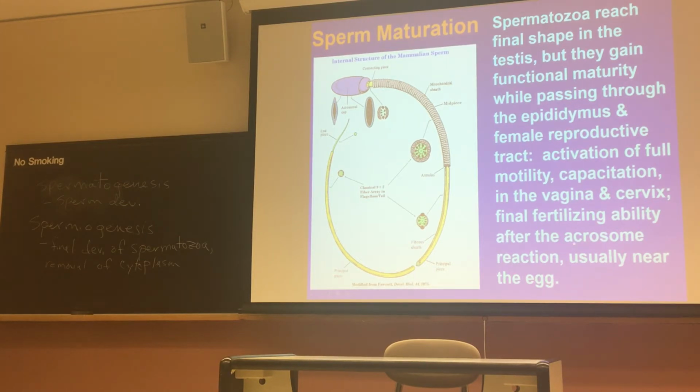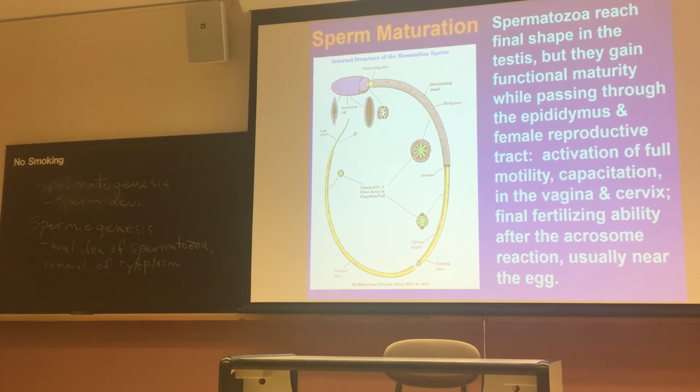Okay. And this thing called the acrosome reaction is the actual shedding of the outer surface of the sperm head and the outer membrane covering of this acrosome. So you essentially are looking at this when the sperm is ready to interact with the egg.